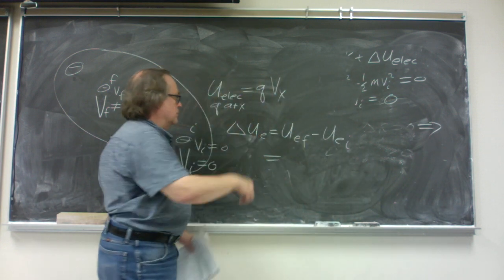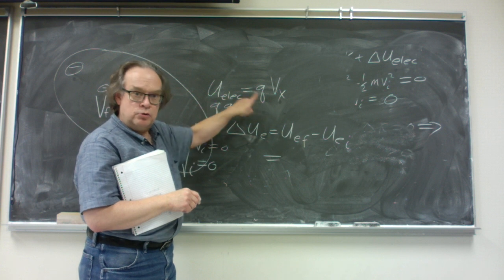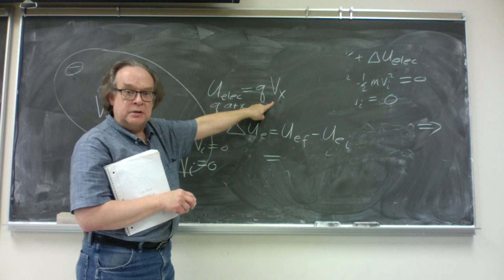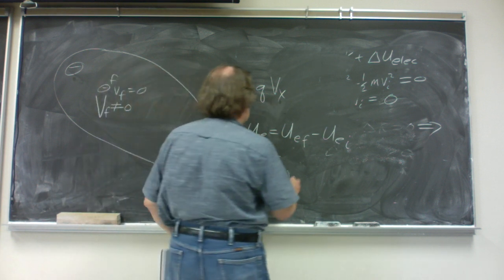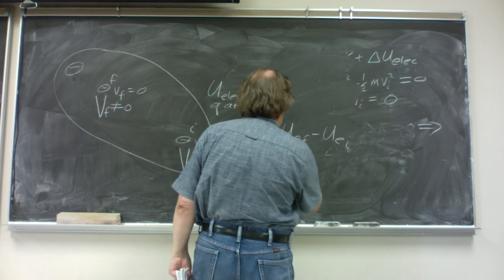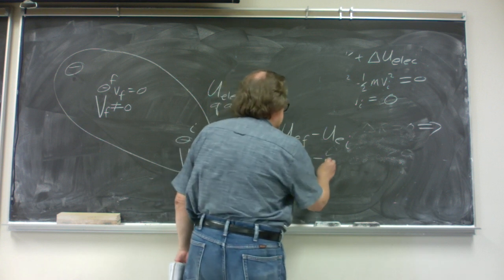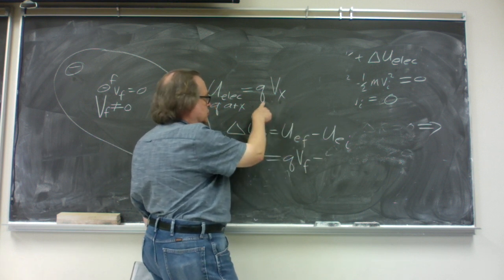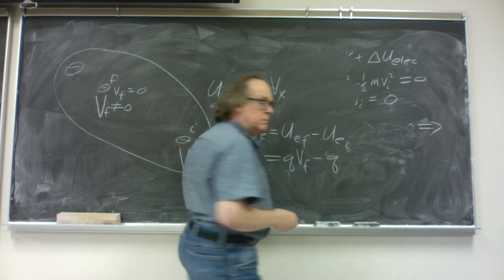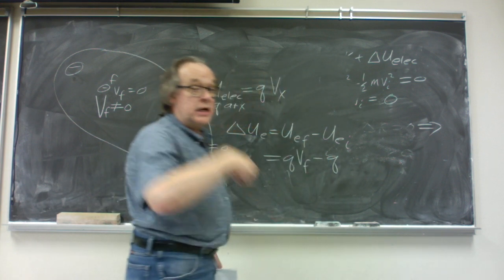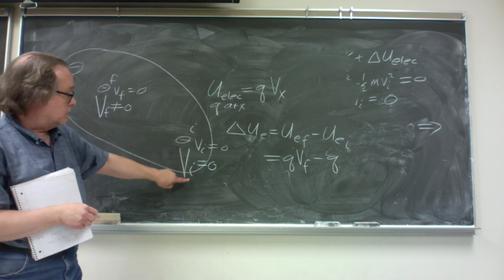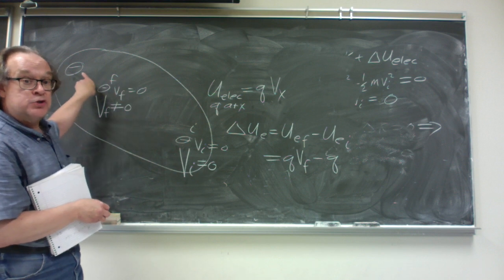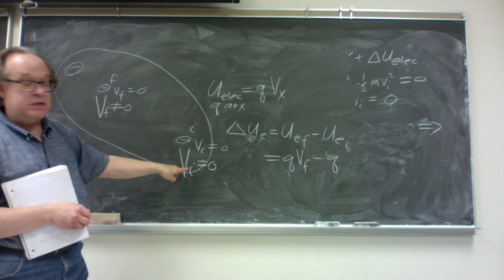And the final potential energy is just, use this rule, charge times the electric potential at the final location, minus the electric potential energy at the initial location, which is just charge times potential out here. But this point was too far away from the source of potential to have any potential.